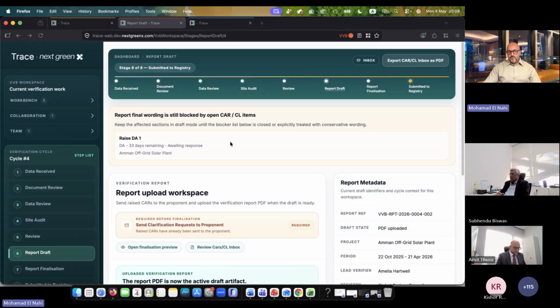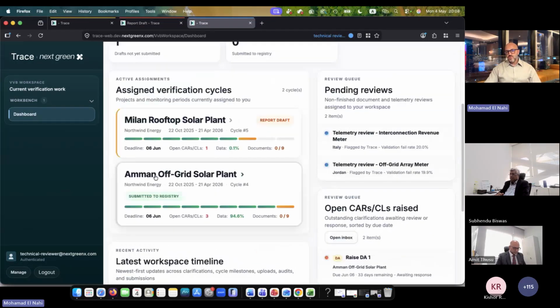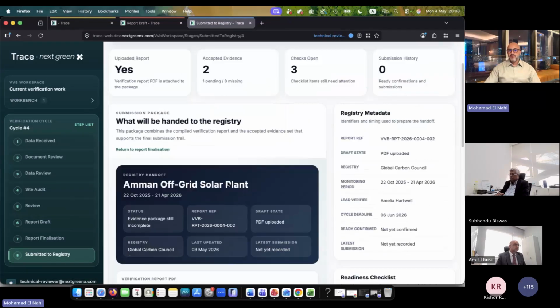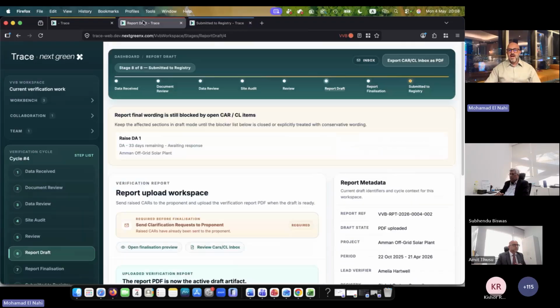As per the procedure, this is the view of a technical reviewer that needs to continue the work. They finish all the work relevant to the specific project, having access to the full trail of the data gaps and the anomalies. They can then also raise any inquiries that they have with the verifier, the lead verifier of the project.